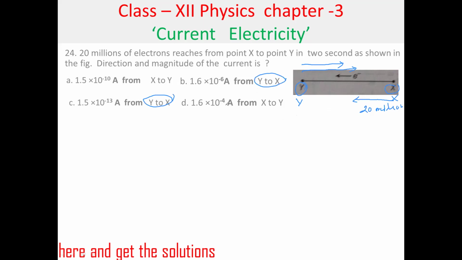Now let us find the value of current. You know what current is? Current equals q by t. Rate of flow of charge is current. So here 20 million is 20 followed by six zeros: ones, tens, hundreds, thousands, ten thousands, million.